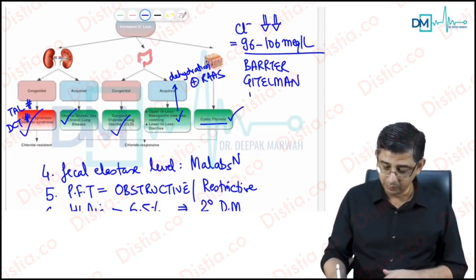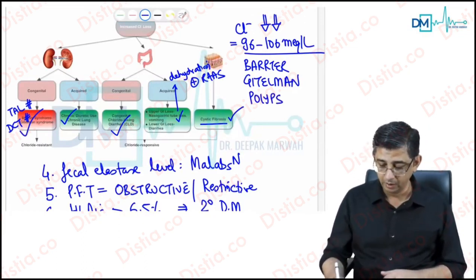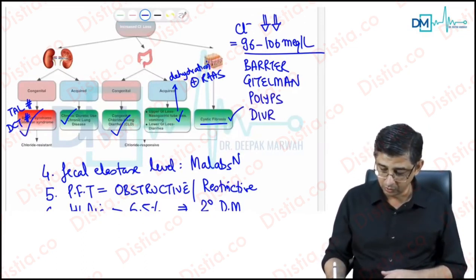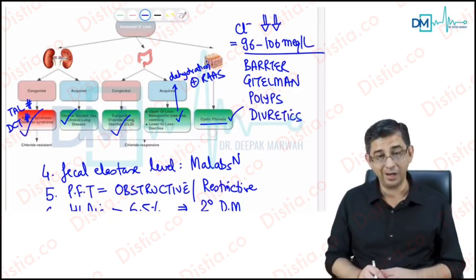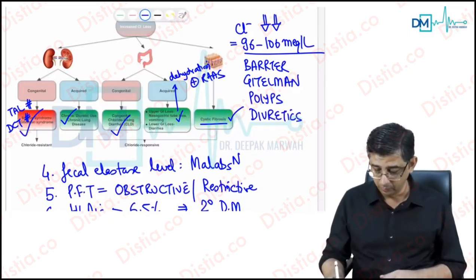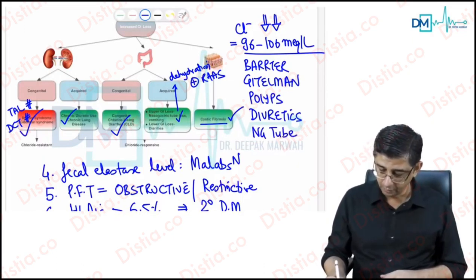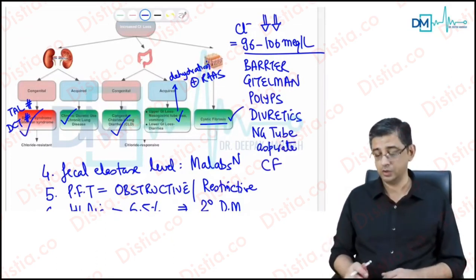Then there could be polyps in the gut which could be losing excessively or exclusively chloride. Diuretic abuse can also contribute to hypochloremic alkalosis in a patient. Then would be excessive NG tube aspirate. And last but not the least, the topic of our interest, cystic fibrosis, also contributes to hypochloremic alkalosis in a patient.